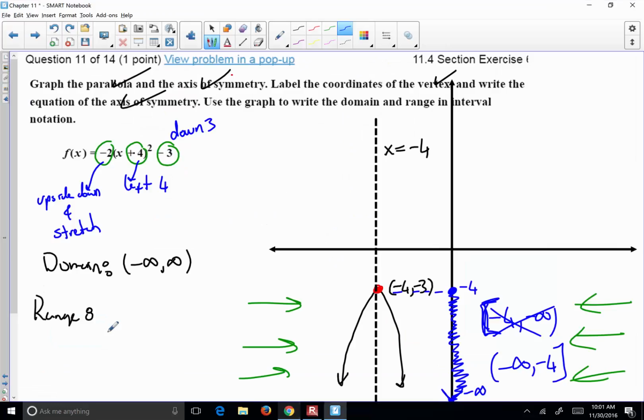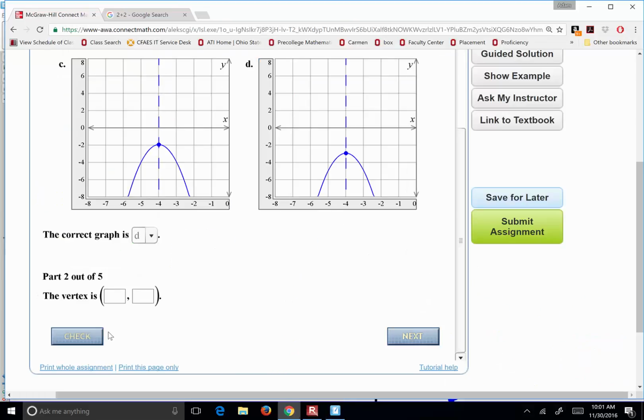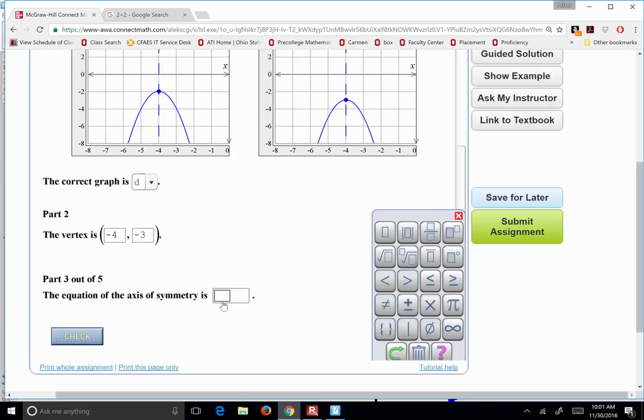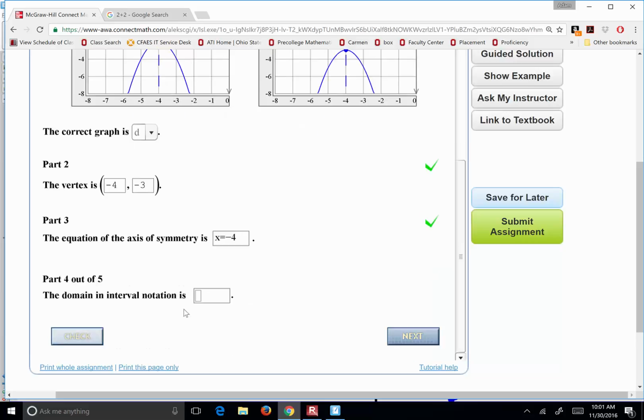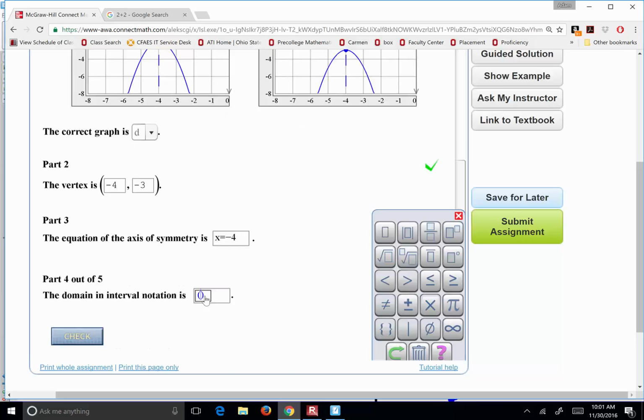Vertex was minus 4, minus 3. Axis of symmetry was x equals minus 4. Domain is, this is always the same, minus infinity to infinity.